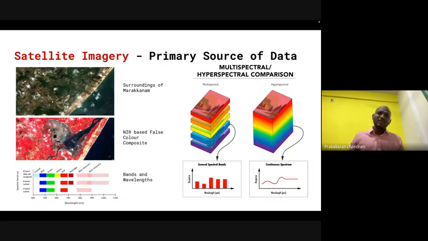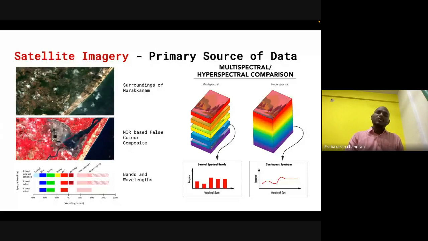Broadly, there are two different types of imageries available. One is multispectral imagery. You can see this here, where you can clearly distinguish the bands. Bands are nothing but red, green, blue kind of different channels, right? In multispectral, it depends on the type of satellite imagery that we are using.